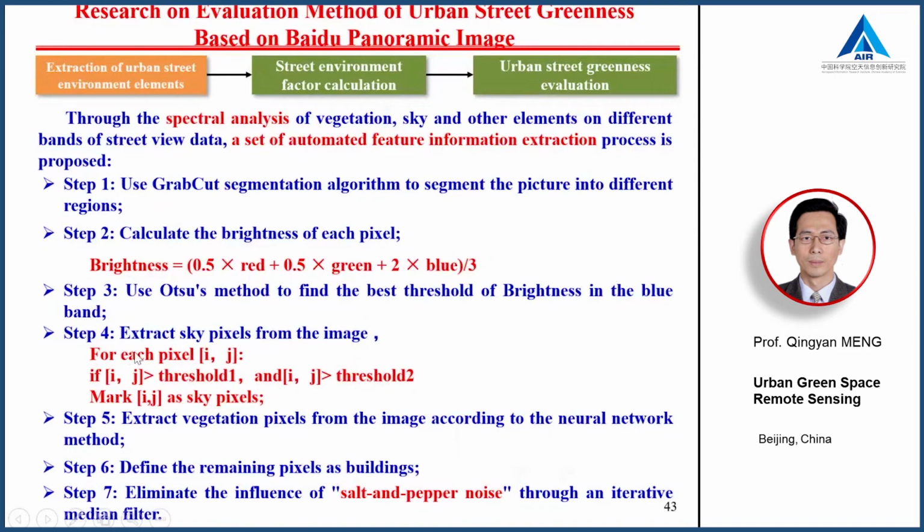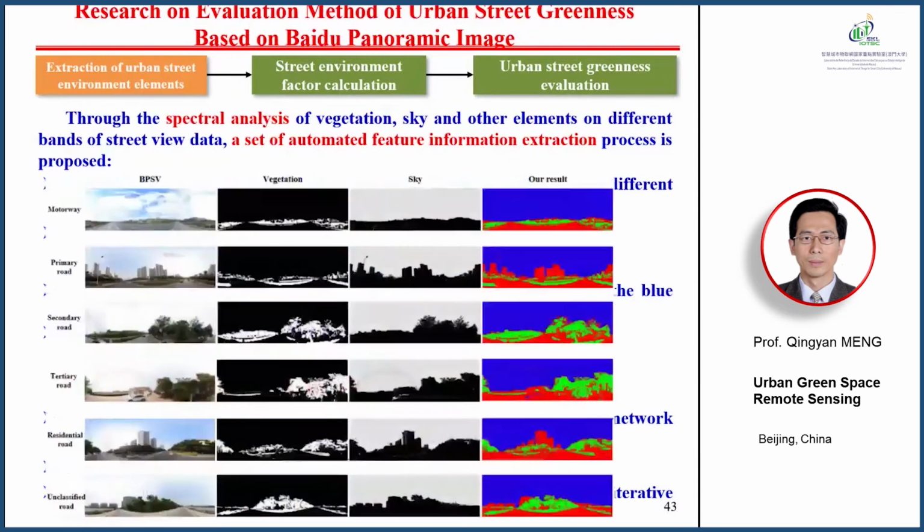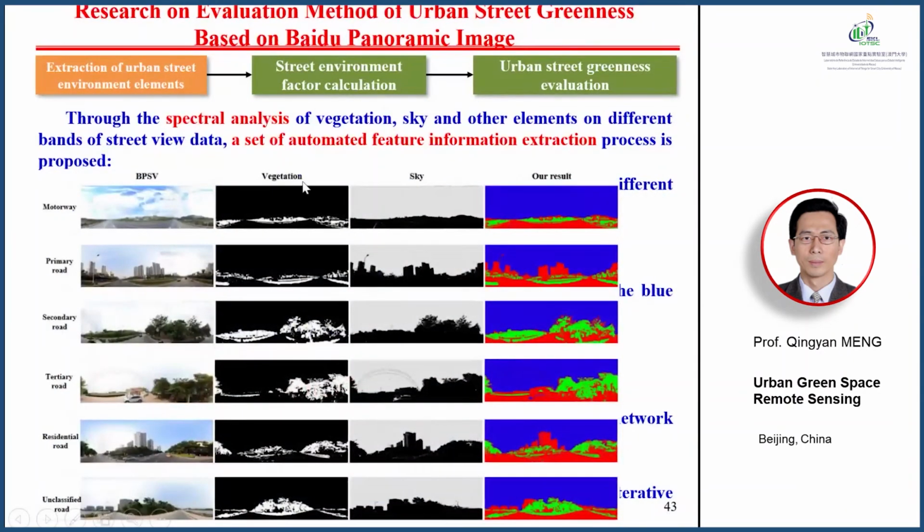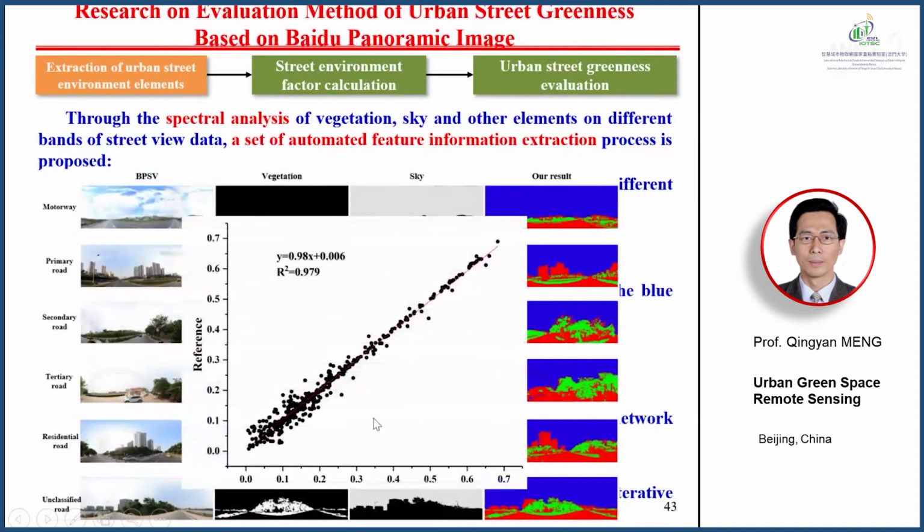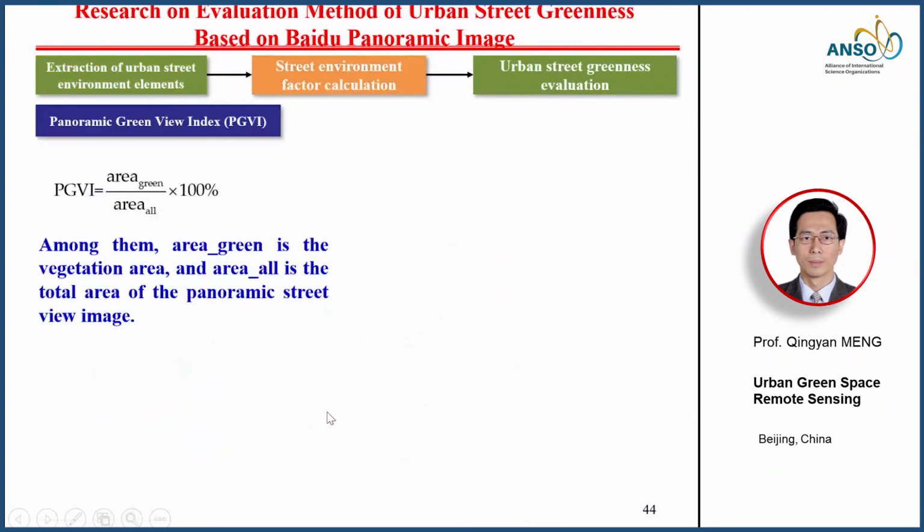And step 4, extract the sky pixels from the images, and extract the vegetation pixels, and define the remaining pixels, and eliminate the influence of the salt and pepper noise through repeated filtering. And when we get the vegetation, sky, and other results, this is some validation.